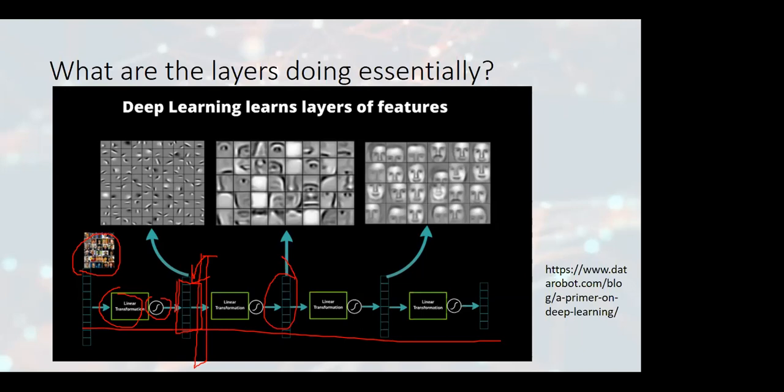If we try to plot the weights of the filters, we can see that the first layer of filters which we learn might look something like this. As we go deeper into the network, the second layer might look something like this, and the final layer might look something like this. The first layer is essentially capturing the edges or the sharp features of the images.